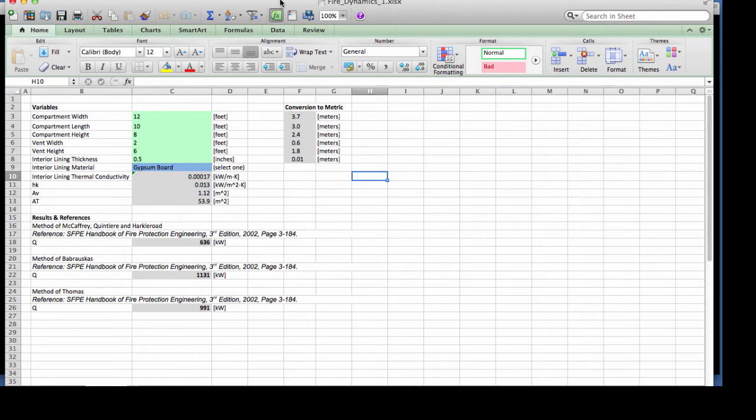So what I'm going to do for you as we go through these exercises is week by week I'm going to add to this spreadsheet different calculations that'll be useful for a fire scene investigation. And we're going to learn how to use the sheet, and we're going to learn about the calculations that are in there. So what you can take away at the end of the day is a spreadsheet that will allow you to quickly do a lot of calculations.